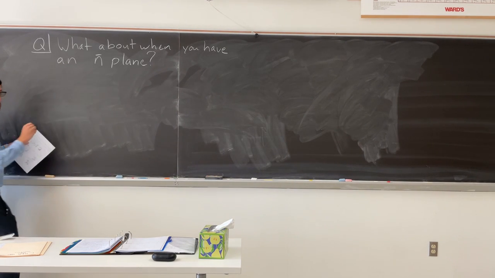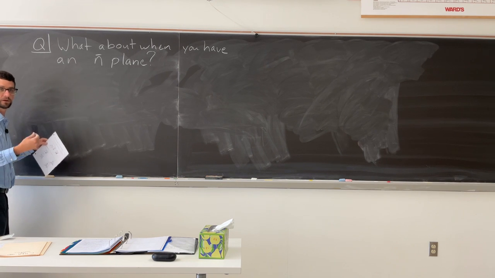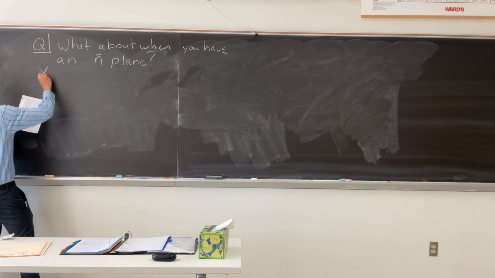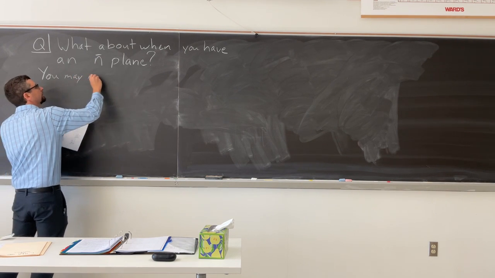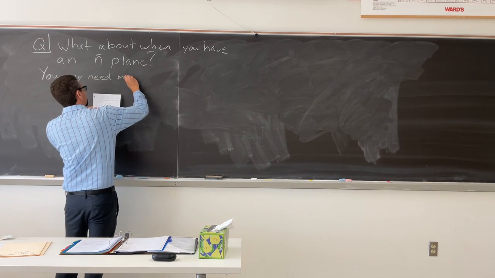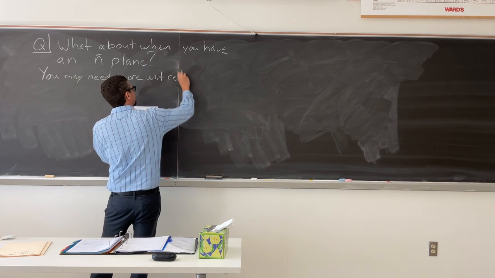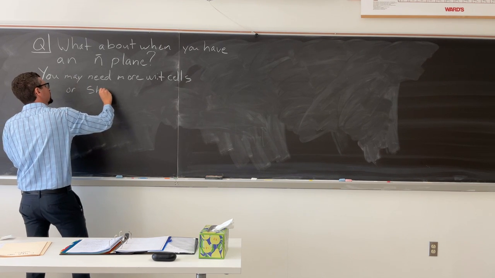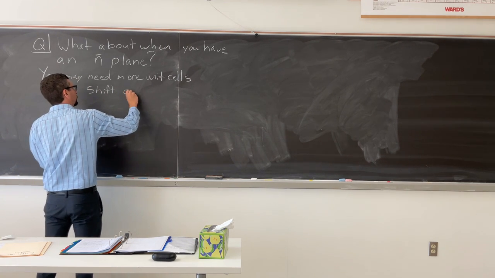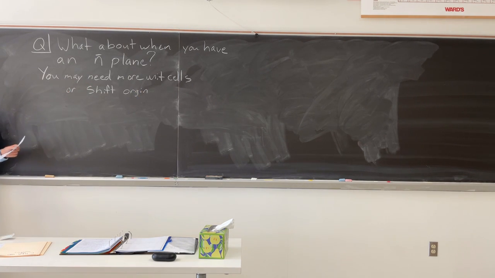But it depends on your preference completely. Both methods are correct and it's fine. So you may need more unit cells, or you need to shift your origin. N bar is a negative value.